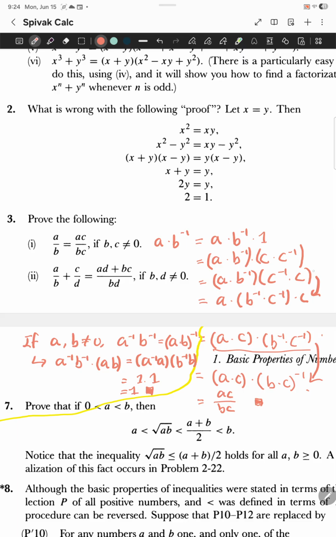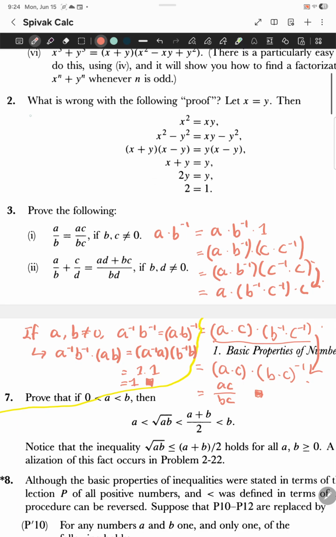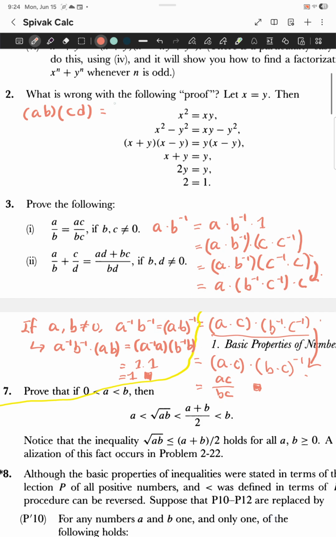So how did we go from here to here? Let's do that. a, b, c, d is equal to, well, it's basically equal to a times b.